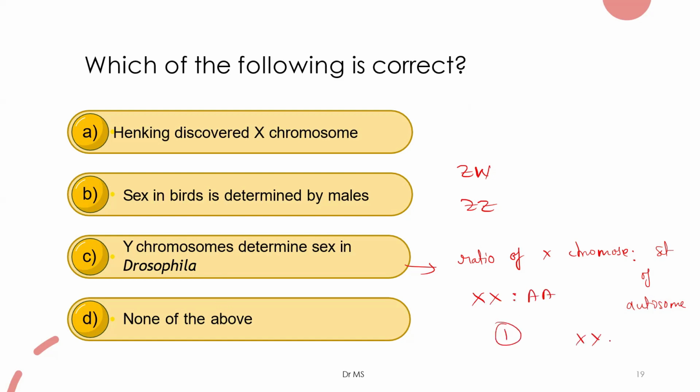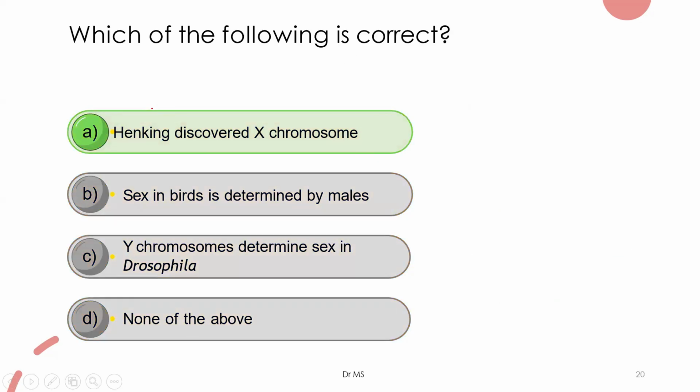If it is XY or XO to AA, that will give not 1 but 0.5, so that is determined as male. That's why we should take the ratio of X chromosomes to the set of autosomes. If it is 1, it's a female. If it is 0.5, it's a male. Clear, guys? So the answer is option A. Understood? Any doubts?